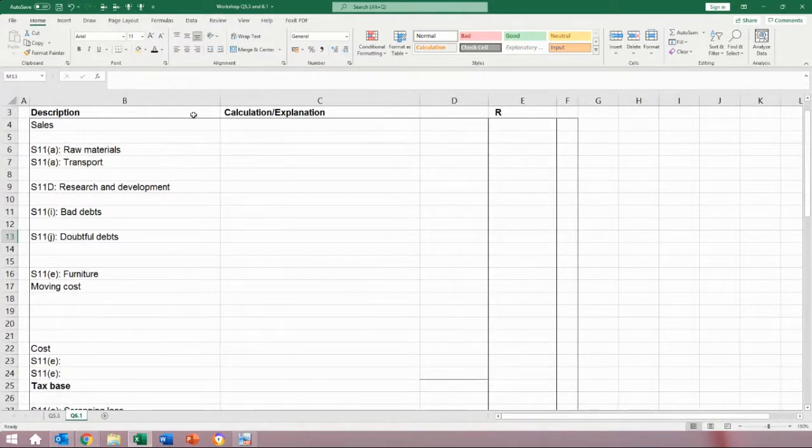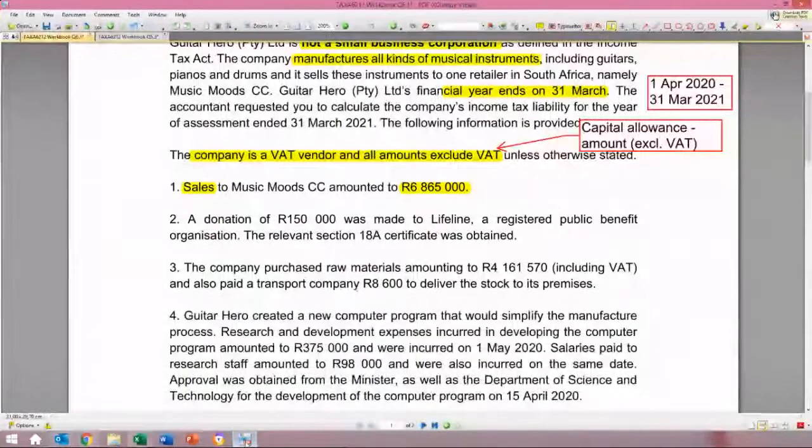For sales, they've given the amount to us, so we just capture the amount of 6.865 million. Because this amount is given, this is called an easy mark. I see I didn't assign a mark there, but normally you would get a mark for just capturing this information straight from your question.